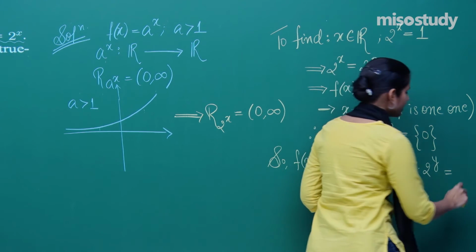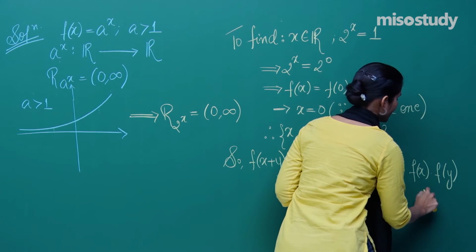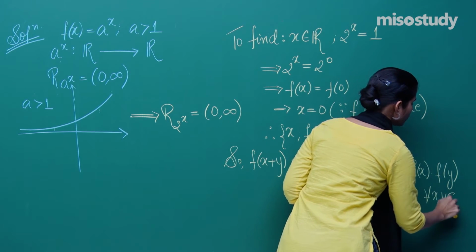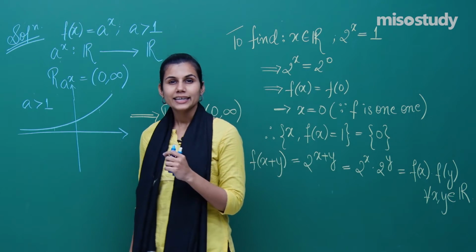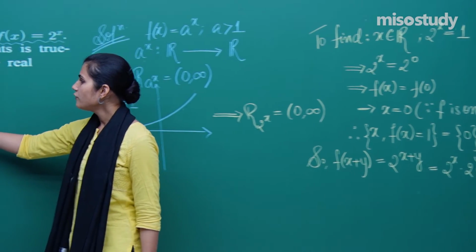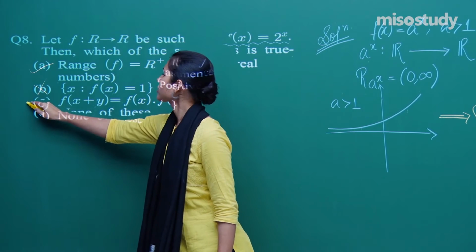But this is nothing but f(x) into f(y). This is true for all x, y coming from R, and that is why it is true that f(x plus y) is equal to f(x) into f(y).